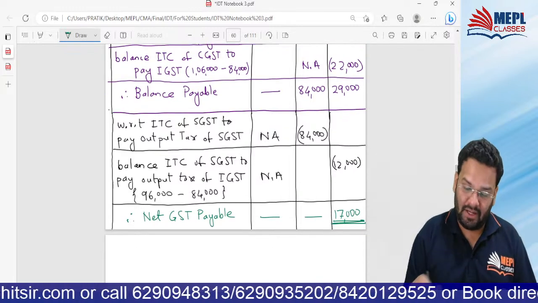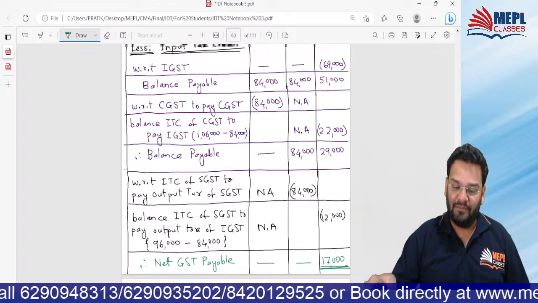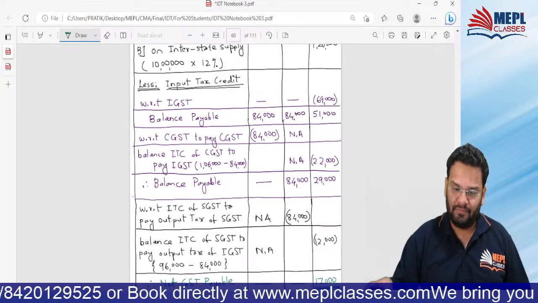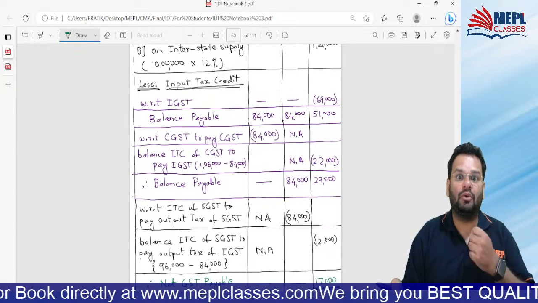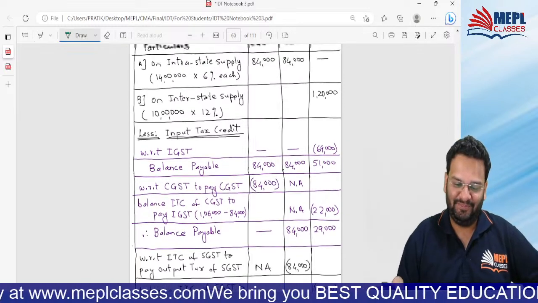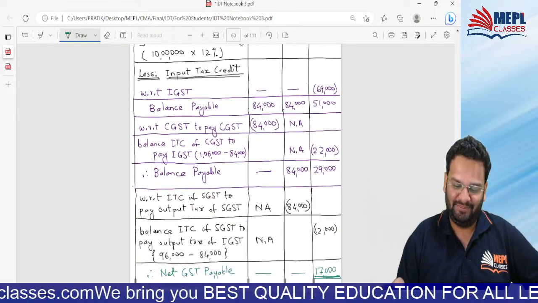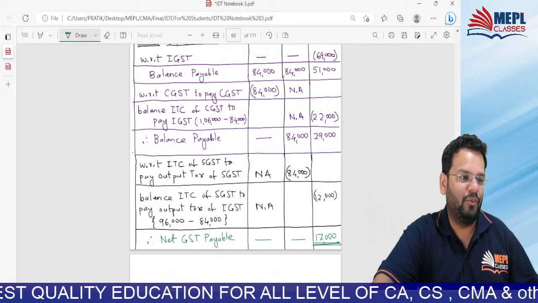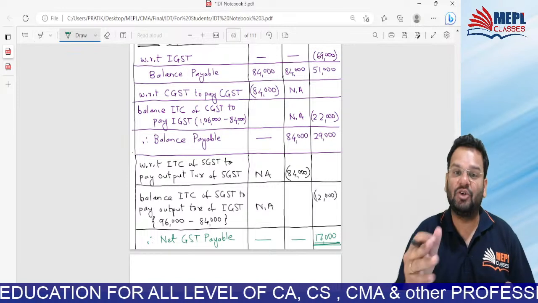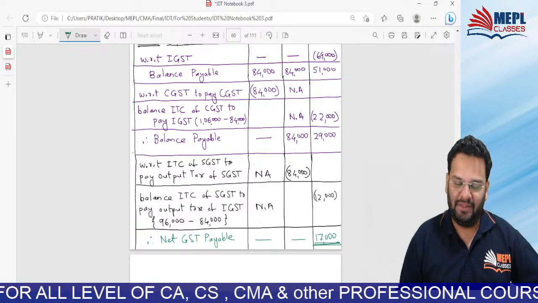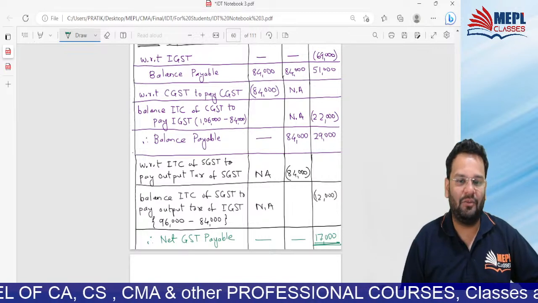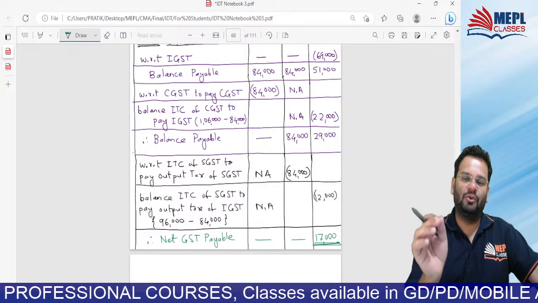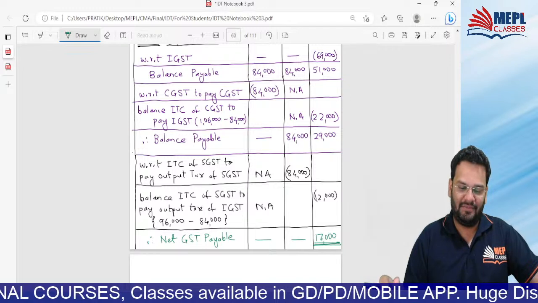Did you get it? Tell me once you complete it. If any doubt, kindly let me know in the chat window. I'll be more than happy to resolve your doubt if any. And once you complete it, put a thumbs up in the chat window so that we can do presentation of note for this.